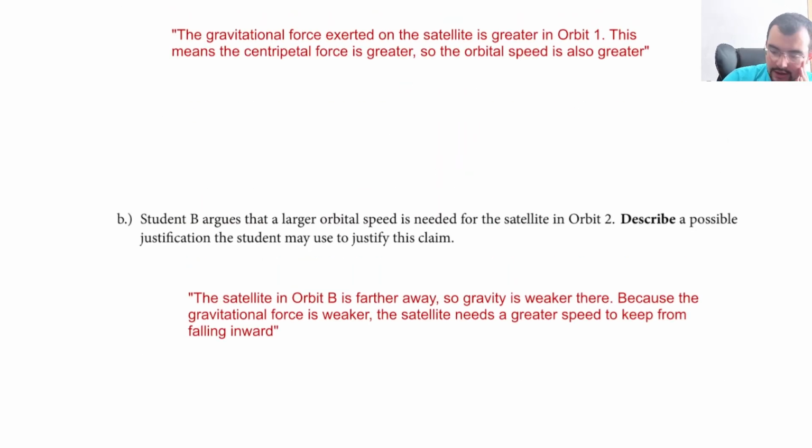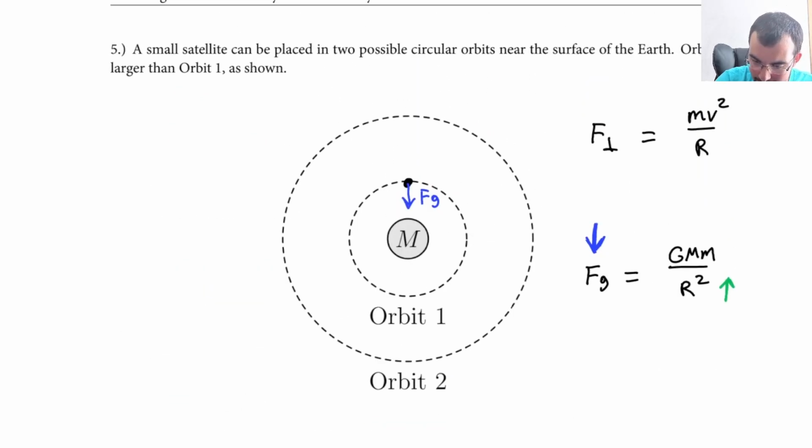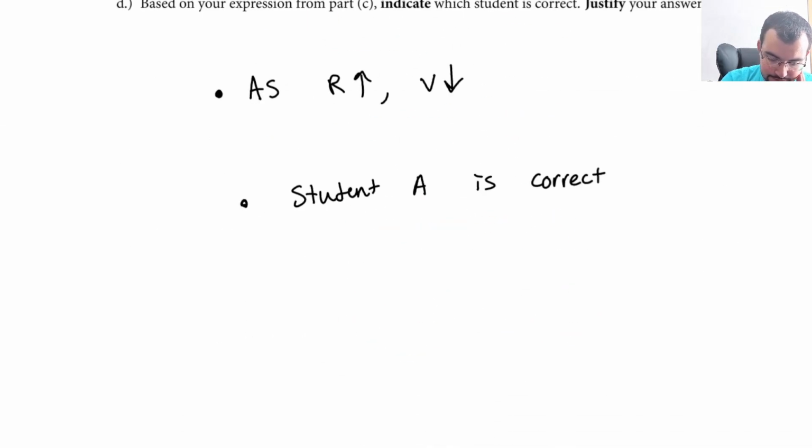Student B went wrong trying to argue that the centripetal force stayed the same. Student B forgot to link the fact that the centripetal force is supplied by the gravitational force, which is decreasing. Student B could argue that yes, it's true that a larger speed is needed at a larger radius if the force is constant, but it's not. So they missed the linking variable there.